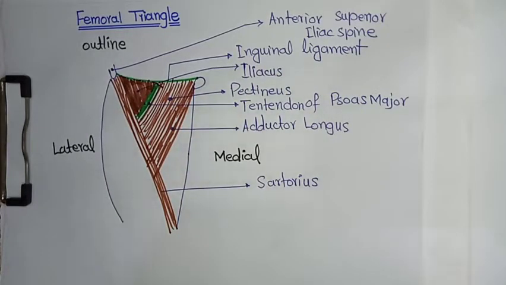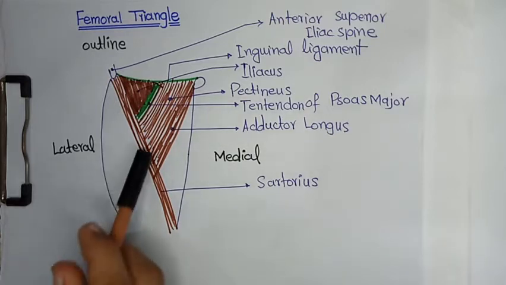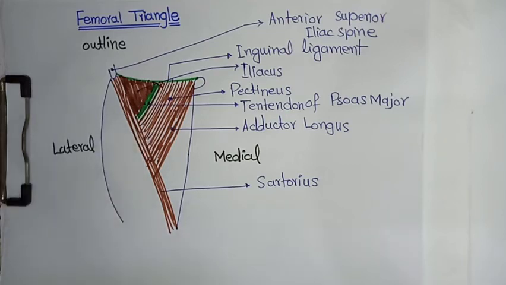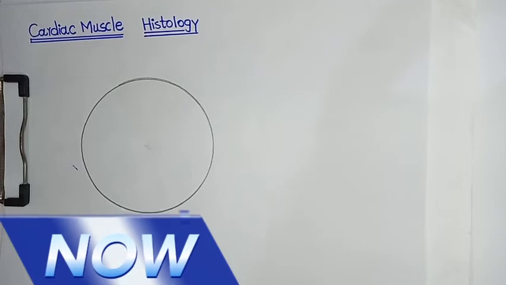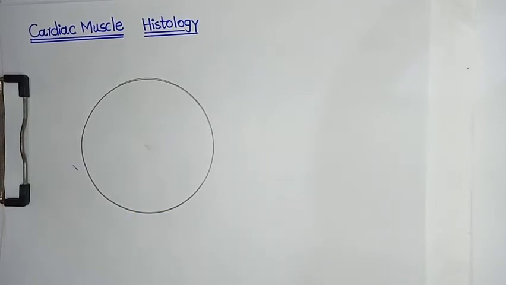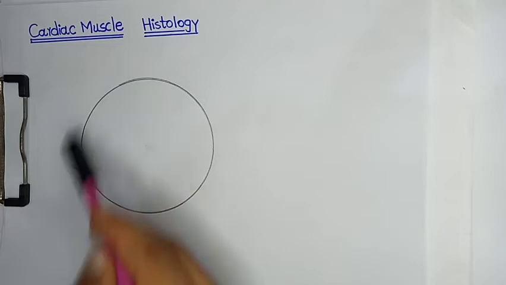This is the last muscle, iliacus. So this is the femoral triangle. The femoral triangle is inside the outline marked.